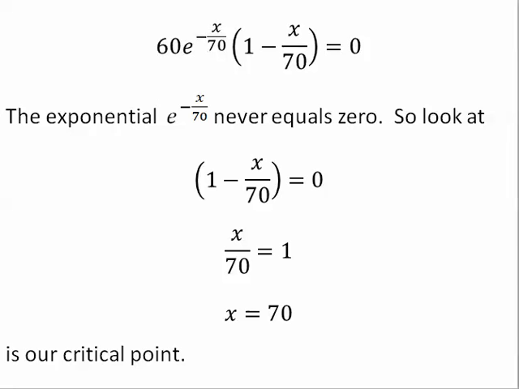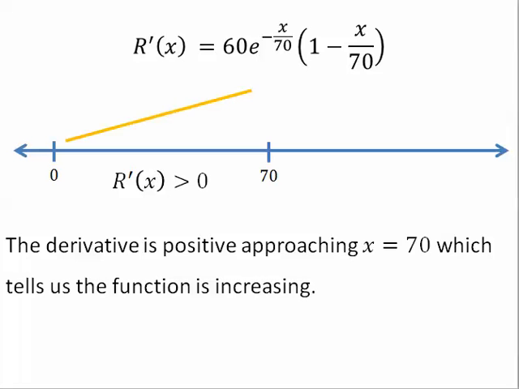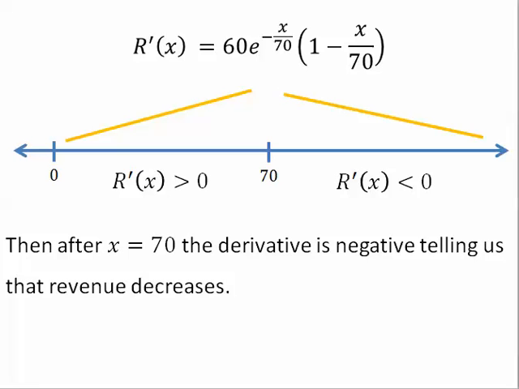So let's look at our derivative before and after that critical point. Before the critical point, the derivative is positive, which tells us that the revenue function is increasing. After x equals 70, the derivative is negative, telling us that the revenue function is decreasing.